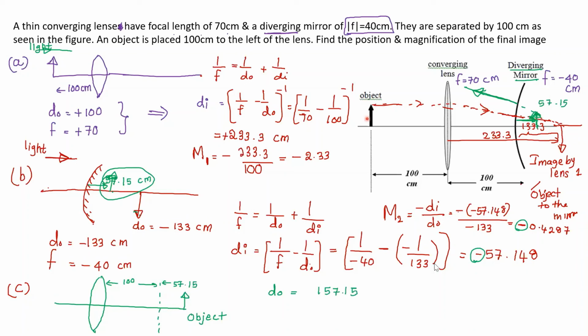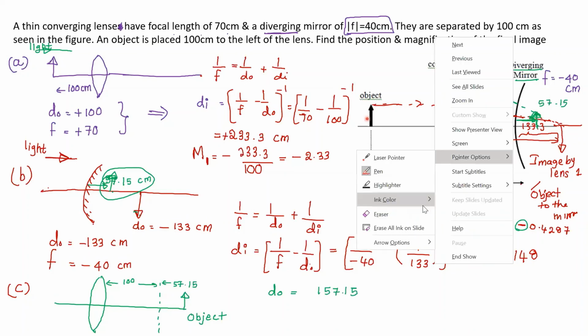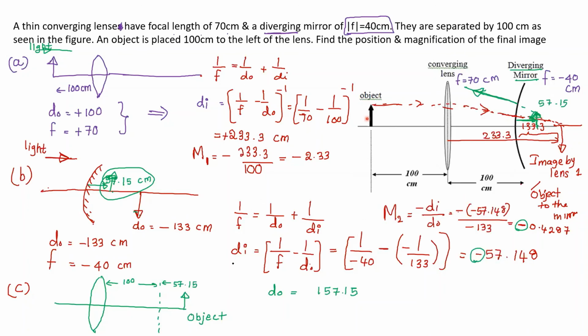Okay, now this is the interesting thing. Look carefully at what I'm going to mark. So which way is the light? So light is now refracted, right? Light is coming this way now. So now the direction of light is this way. Is that clear? Because light is refracted, sorry, reflected.